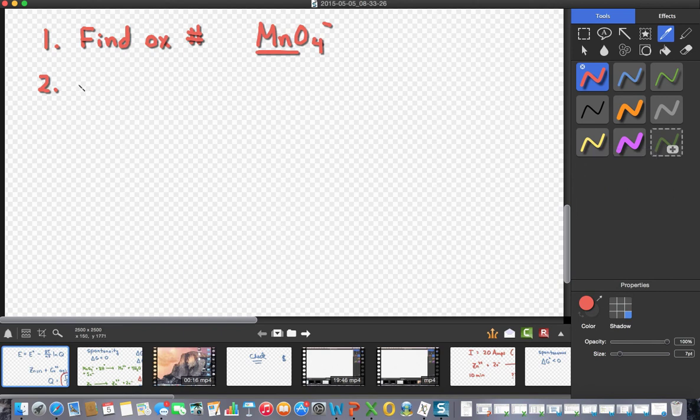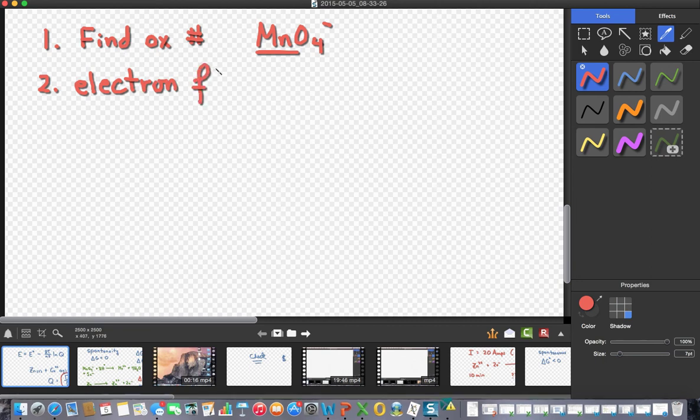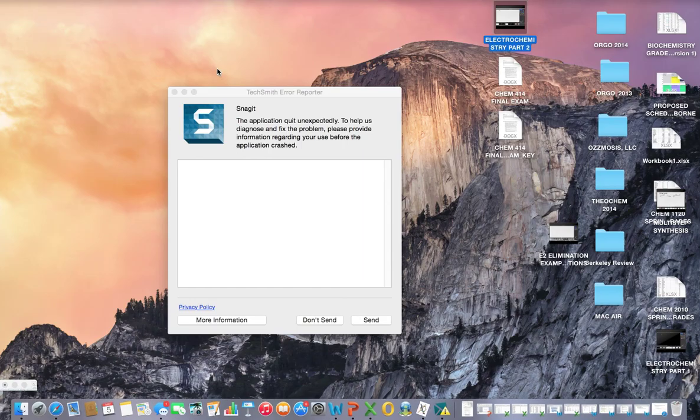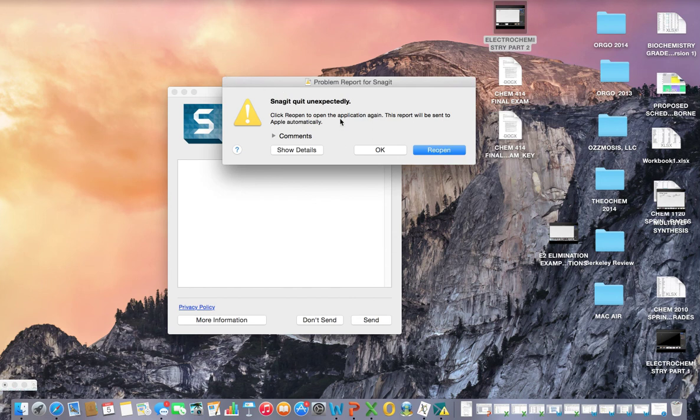You should be able to describe electron flow in a galvanic cell and in an electrolytic cell.